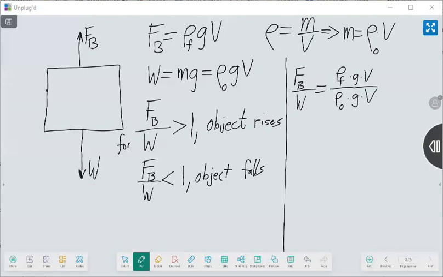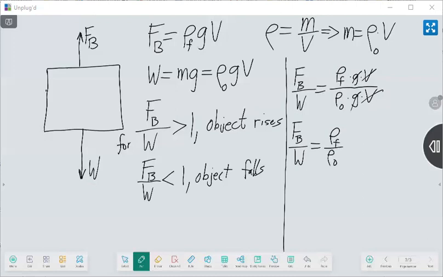So remember, this is our ratio. This ratio is our criteria for whether the object rises or falls. If you look carefully at this ratio, what cancels out? G over G cancels, V over V cancels, and we're left with the ratio of the buoyant force to the weight is equal to the ratio of the density of the fluid over the density of the object.